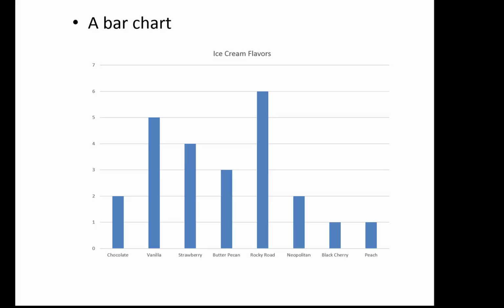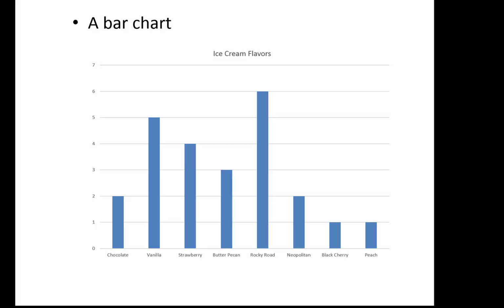Okay, so along the horizontal axis are the different categories. That axis is called the abscissa. And along the vertical axis, which is also called the ordinate, we have the frequency, the number of people who prefer each type of ice cream flavor.